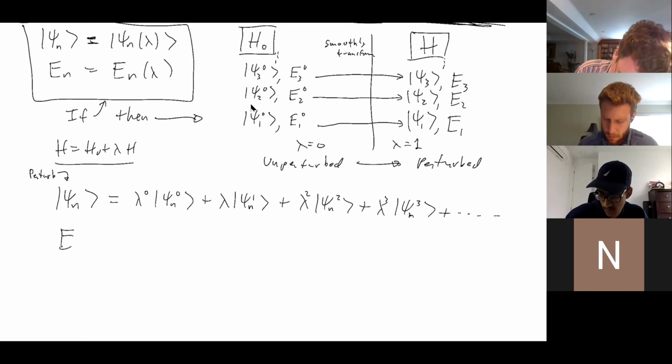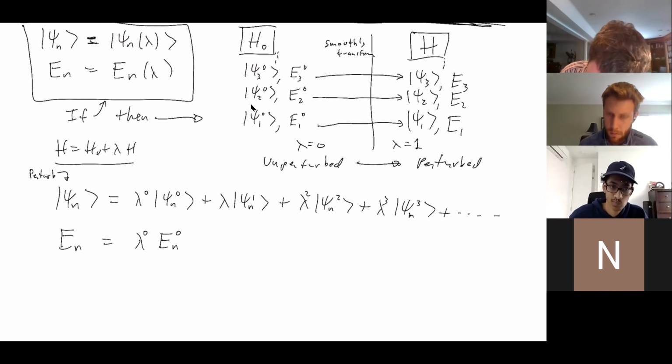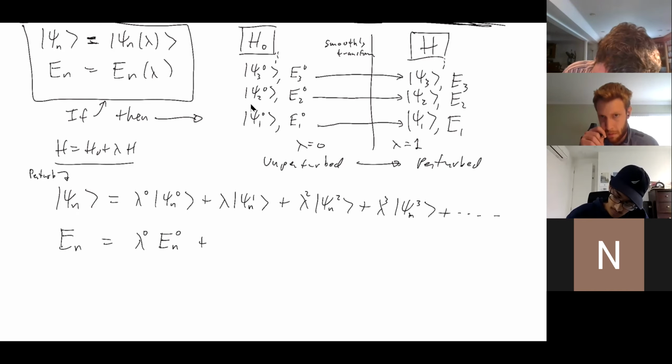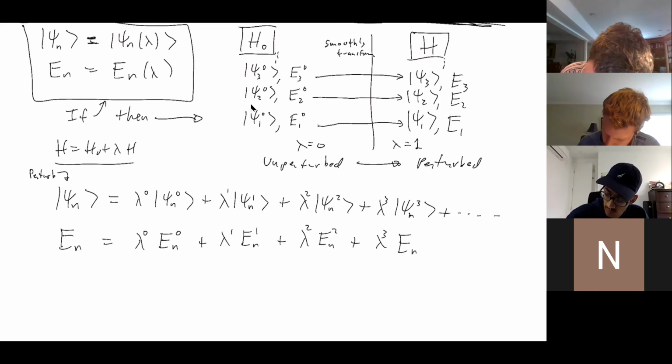By the same token, the eigenenergy will be lambda to the 0 times En0, plus lambda to the 1 power times En1, plus lambda squared times En2, plus lambda cubed times En3, etc.